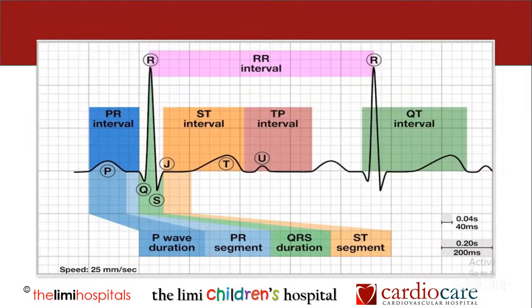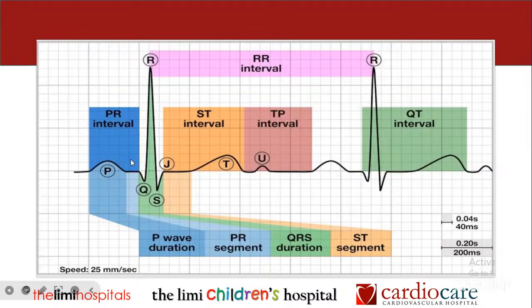Normally, the interval between the two R waves for a normal sinus rhythm should not be more than 5 big boxes. So when you see one tall R wave and the other tall R wave, the number of big boxes in between them should not be more than 5. Once it is more than 5, you know you are dealing with bradycardia. The heart rate is slow.